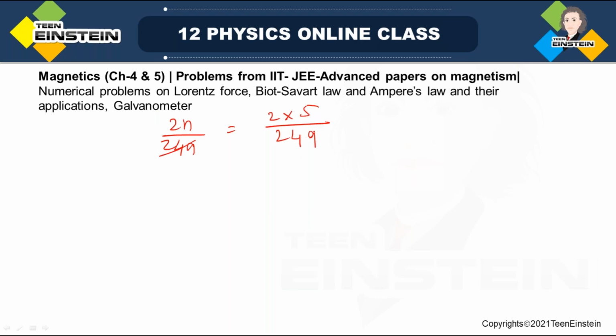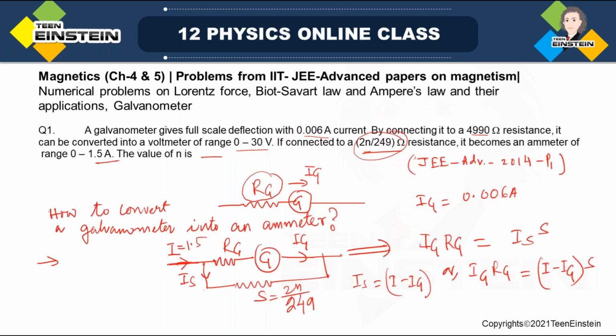Okay, so 249 goes off, this implies that n has a value of 5. Okay, so this is a lengthy question, in the sense we need to know all the terms, so that's why I have discussed, because I am going to discuss 2 more problems on this galvanometer, so that you are not getting confused with the terms I have already discussed. So the value of n is 5.